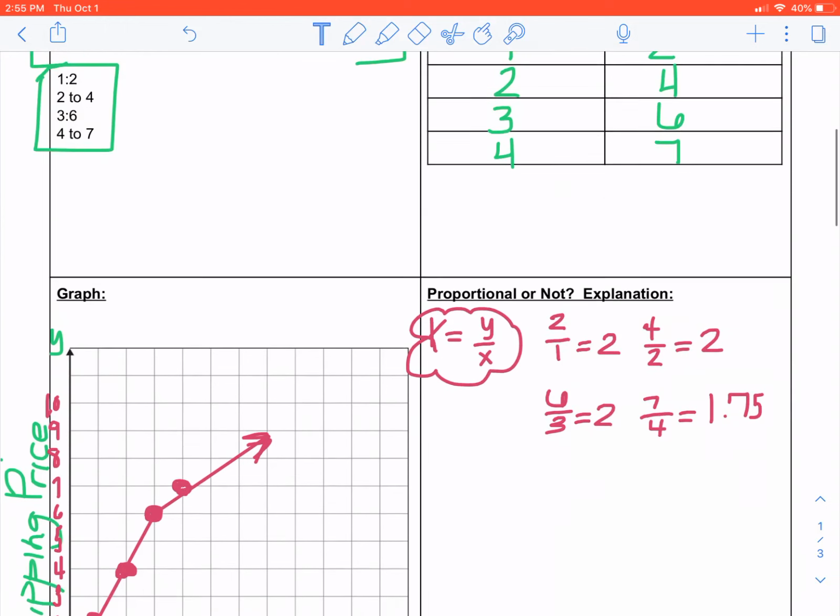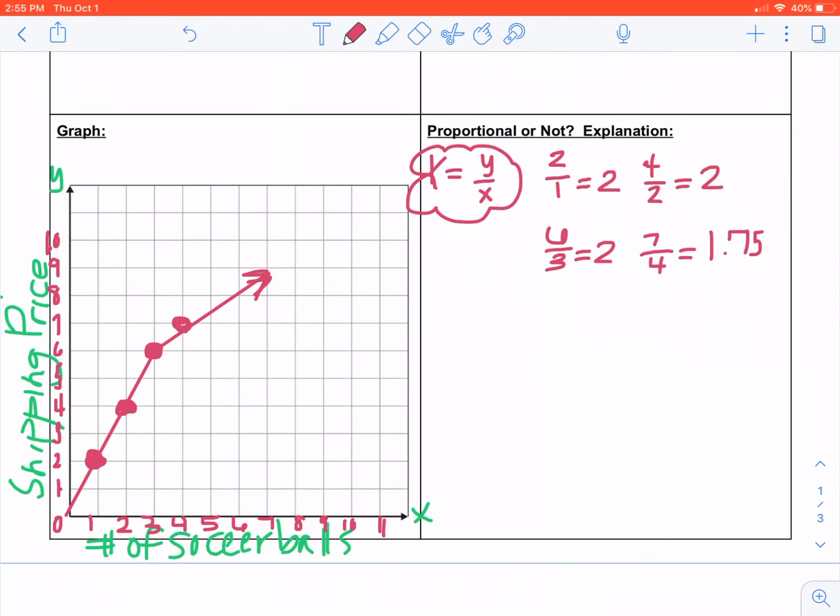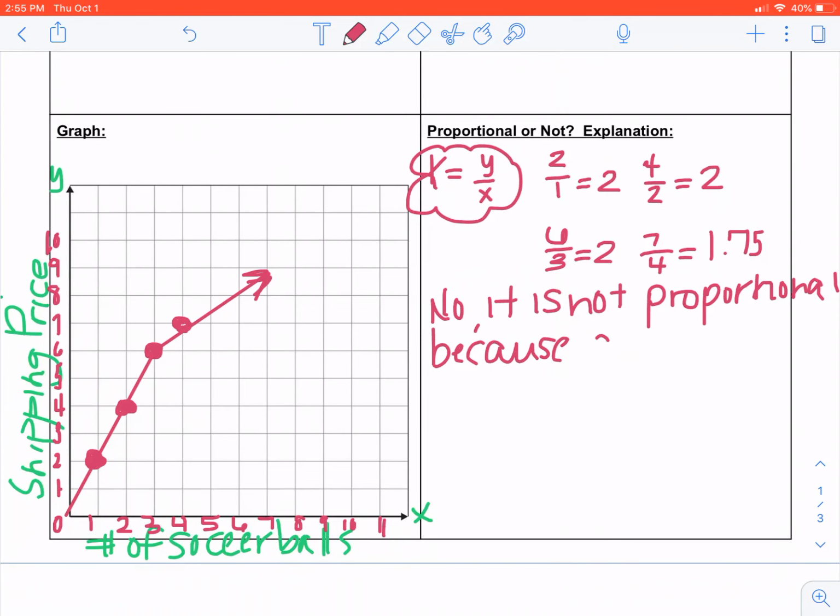So there's all my unit rates. Now I can answer that question. I can say no, it is not proportional, because all unit rates are not the same.